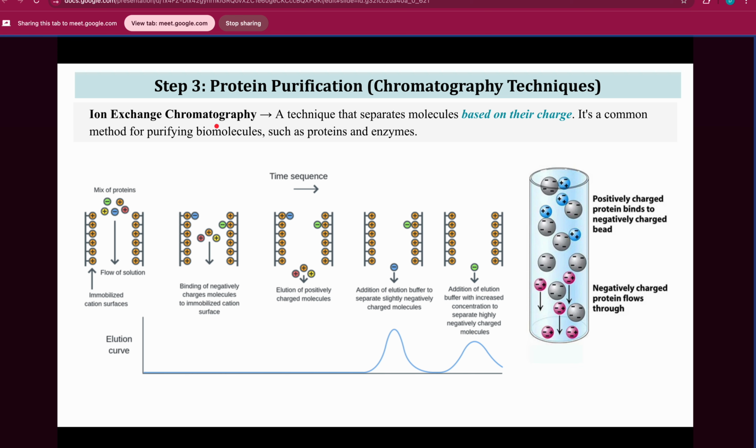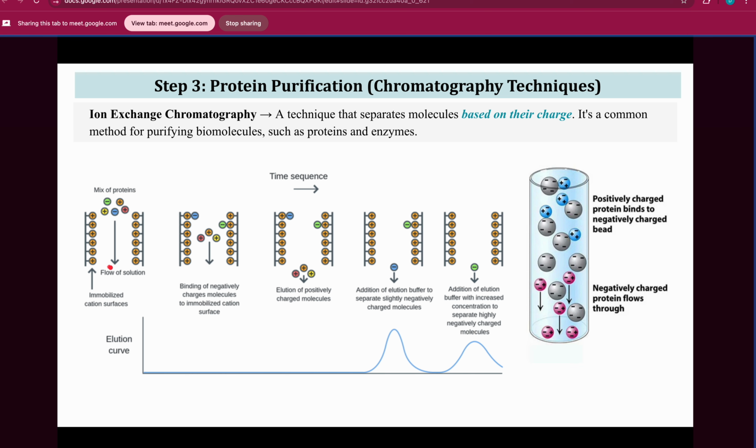Depending on your protein of interest, whether negatively or positively charged, you will use a surface of the opposite charge. To purify a negatively charged protein, we take a surface which is cationic in nature, with a positive charge.